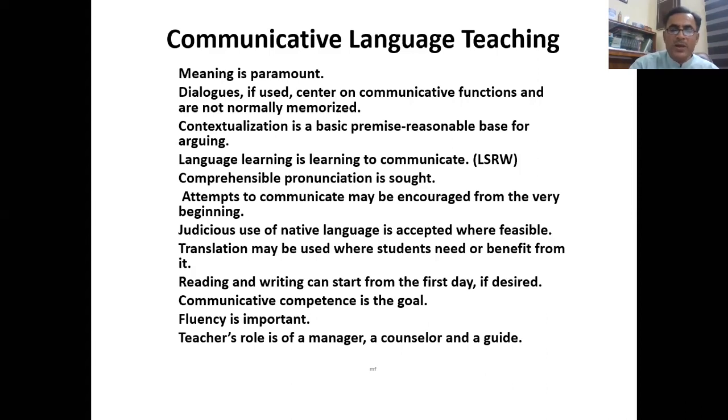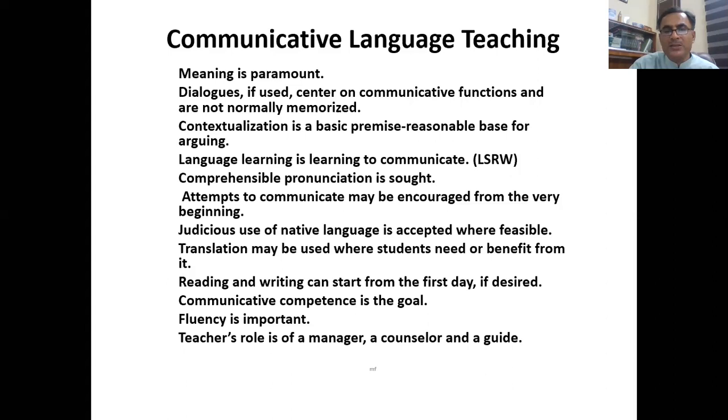So this was a very good and very convenient feature of this method, that you can use it, but justly, not all the time. Translation may be used where students need or benefit from it.